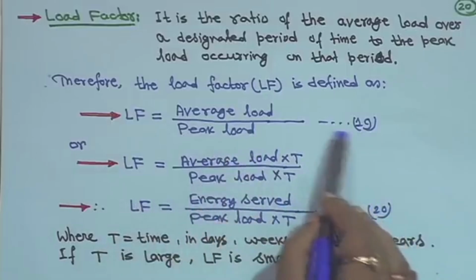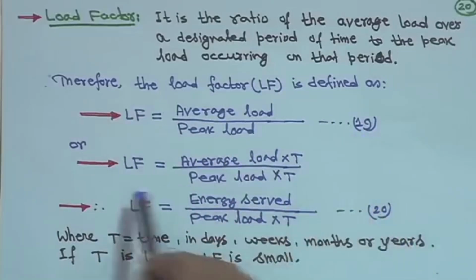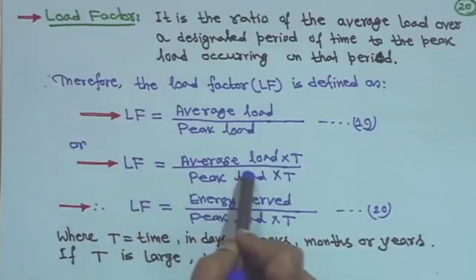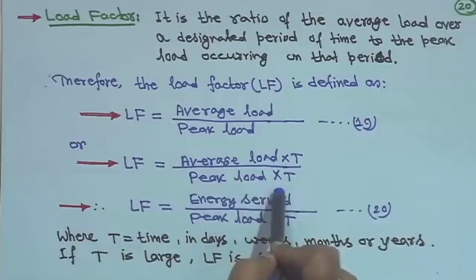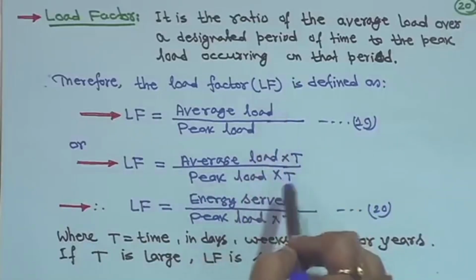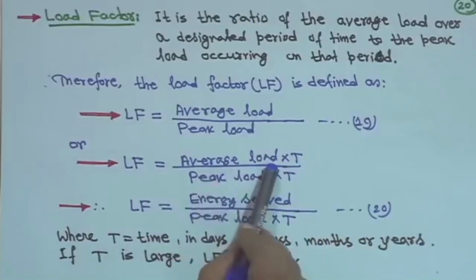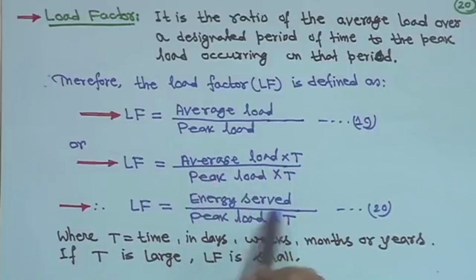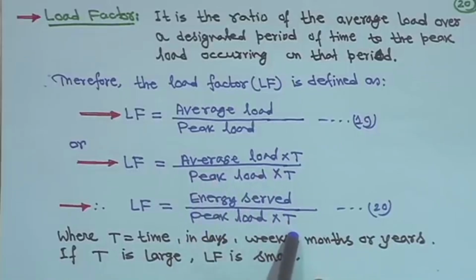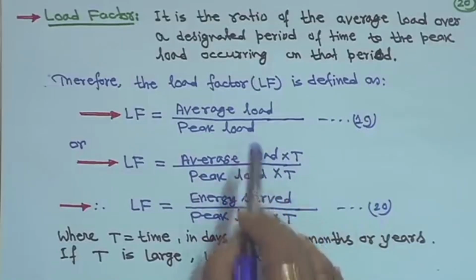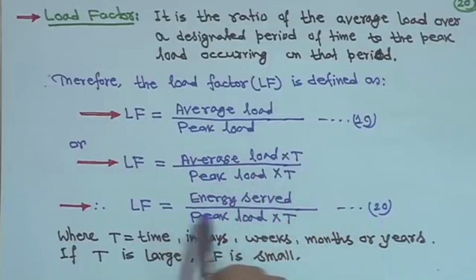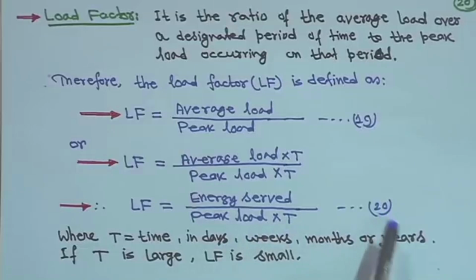So, this is equation 19, or load factor we define as average load into T divided by peak load into T. This way also we can define it, or load factor is equal to energy served divided by peak load into T. This is equation 20. T is time, it may be in days, weeks, months or years.